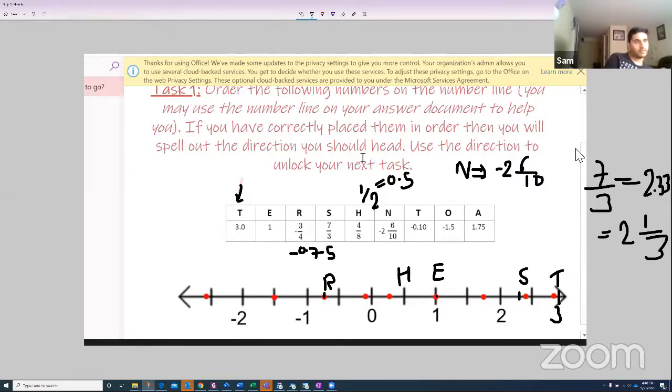Yes, we can write it down as 2.6. This is going to be negative, so we have to move to the left side. So 1 and this is 2, and this is 2.5, and the 6 is going to be somewhere right here. So that's going to be the n.